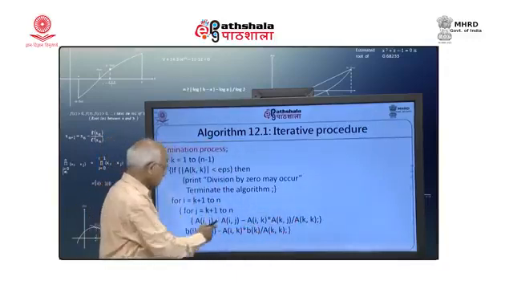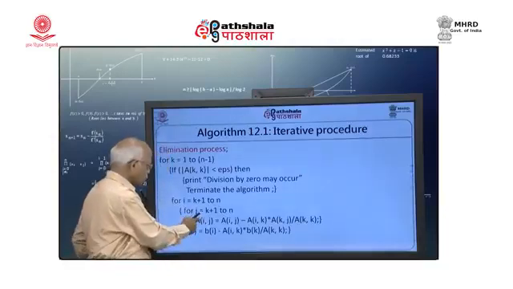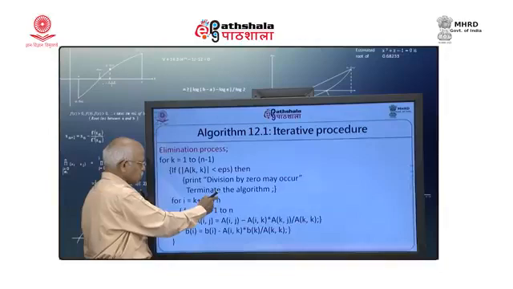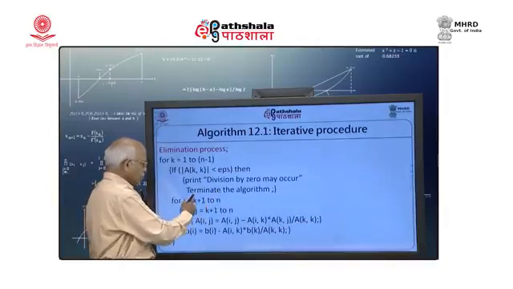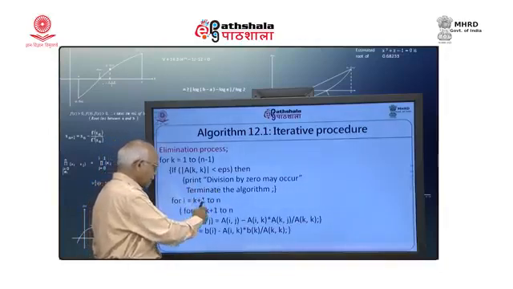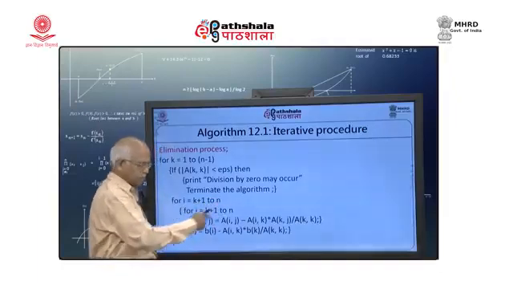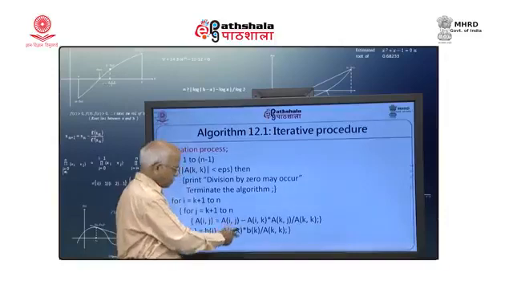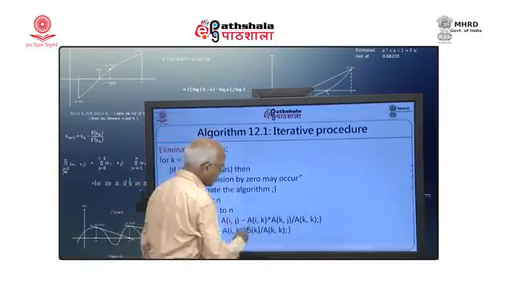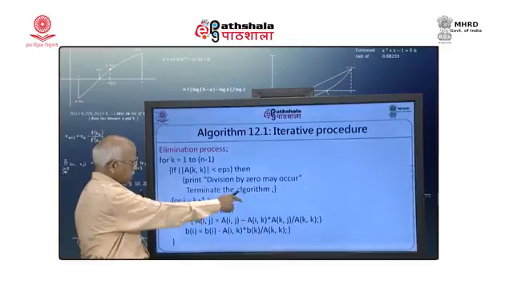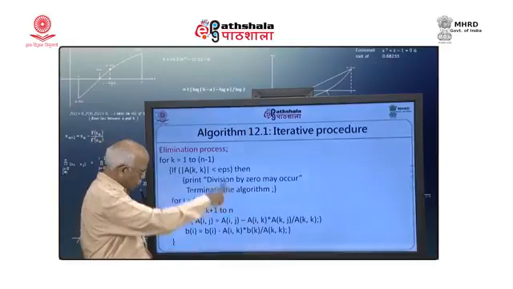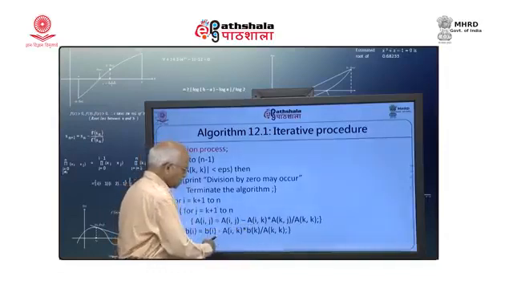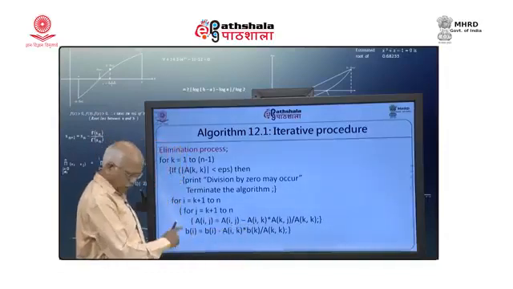We are considering this in order to modify the a_ij elements in the remaining rows, k plus 1 to n, and in the k plus 1 to n columns. And b_i equal to b_i minus a_ik times b_k divided by a_kk. So, that is the last column of the augmented matrix, and therefore the right hand side vector is modified according to this.